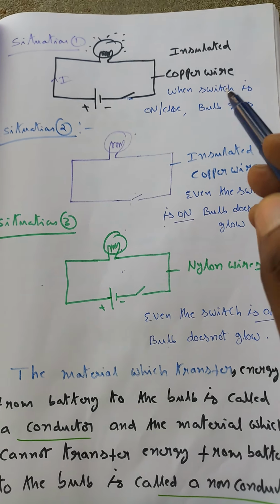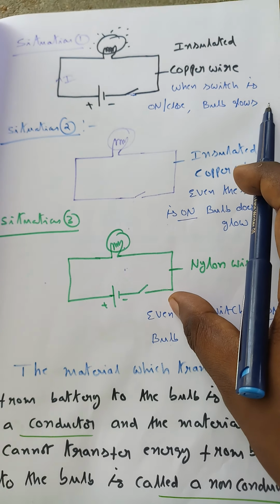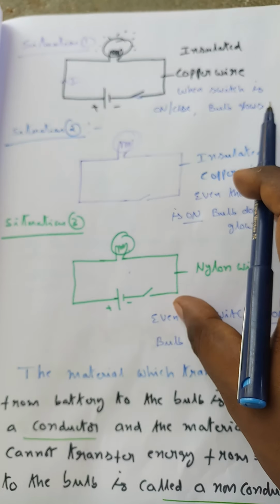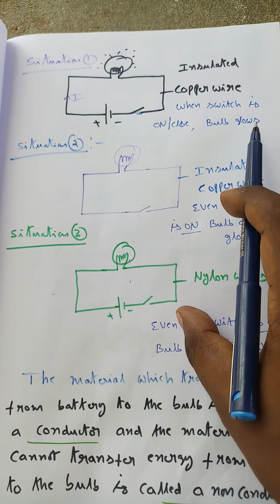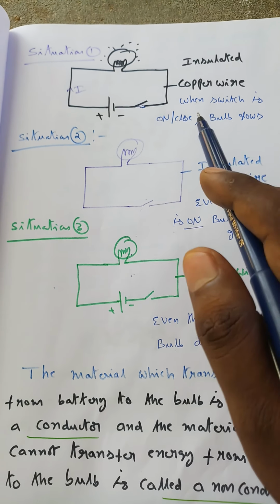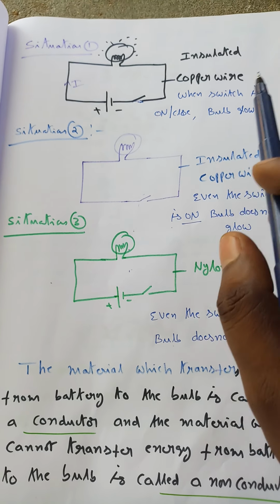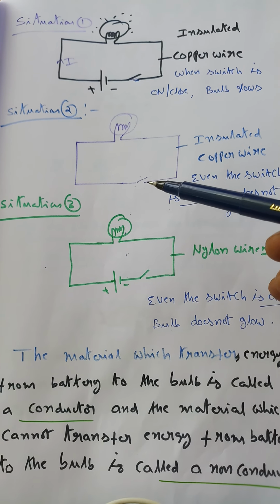For making the flow of current a closed circuit is required, that means the switch should be in the on condition, and the closed circuit must be constructed using insulated copper wires, that is, conducting wires.